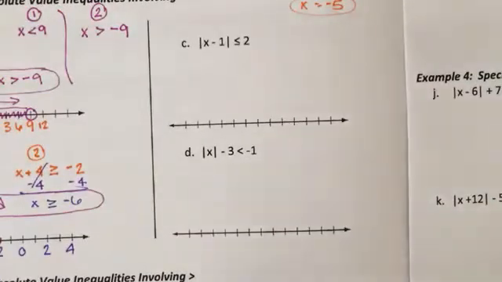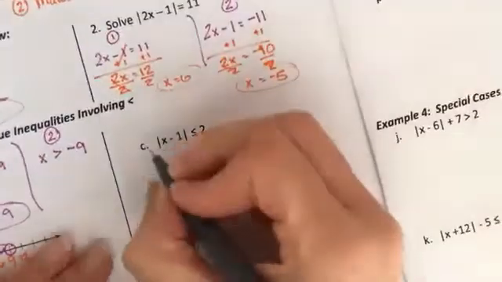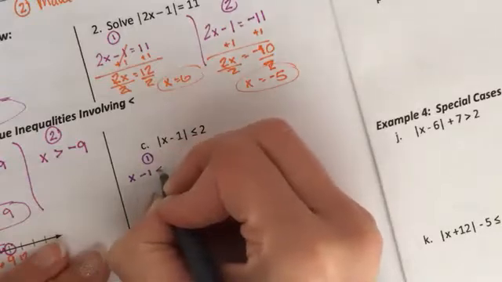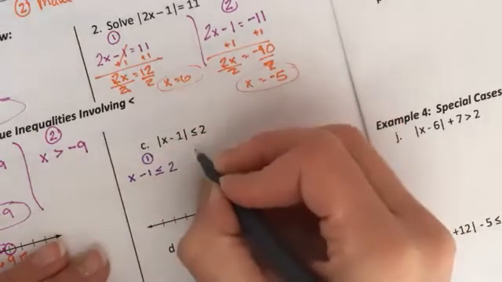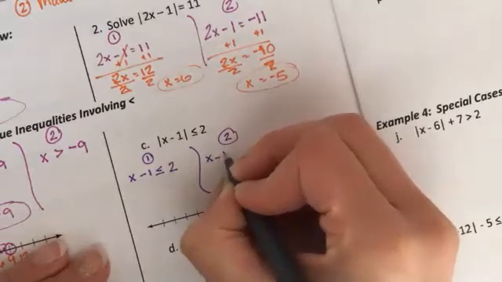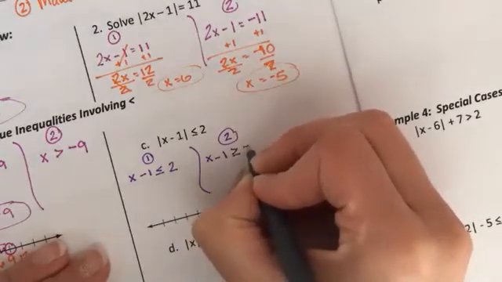Letter C. Absolute value is by itself already. So I jump right into making my two cases. Case 1 looks exactly the same. I didn't change anything. Case 2, I flip my sign and change it to a negative.